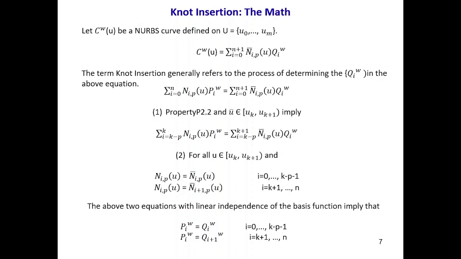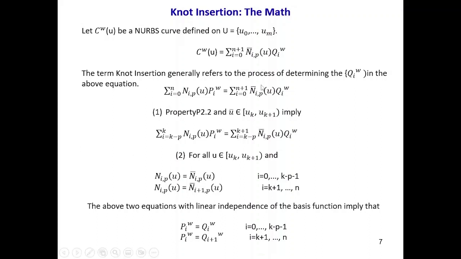We already said how C^w(u) is defined. The term knot insertion generally refers to the process of determining this new set of control points Q_i^w in the above equation.